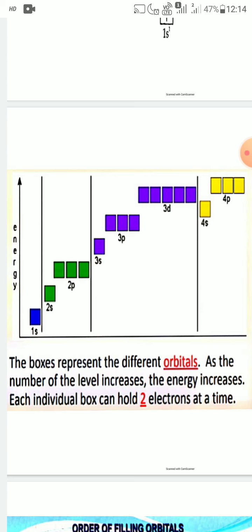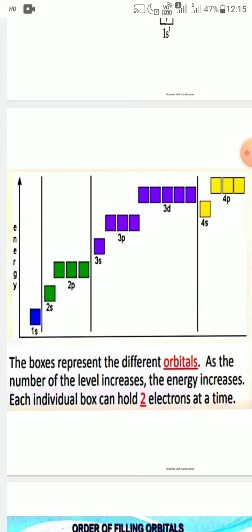From this diagram, it is clear that the energy of different orbitals increases as the distance of the orbitals from the nucleus increases.